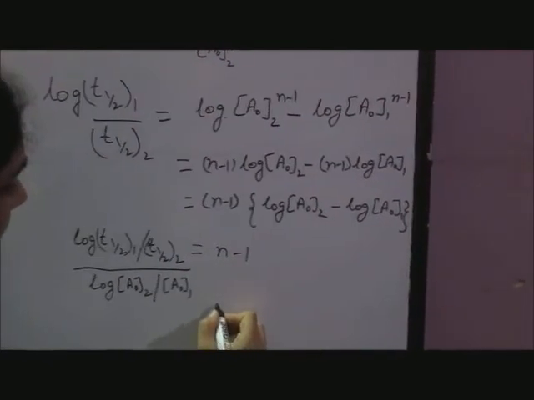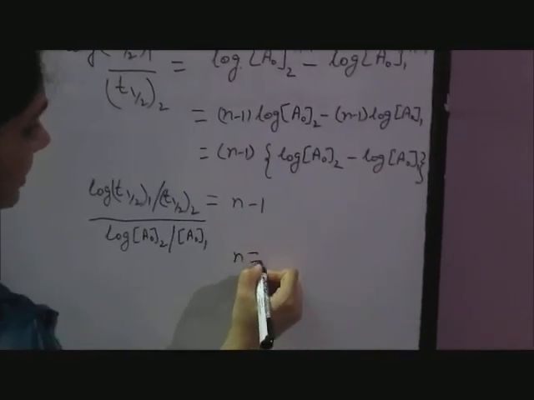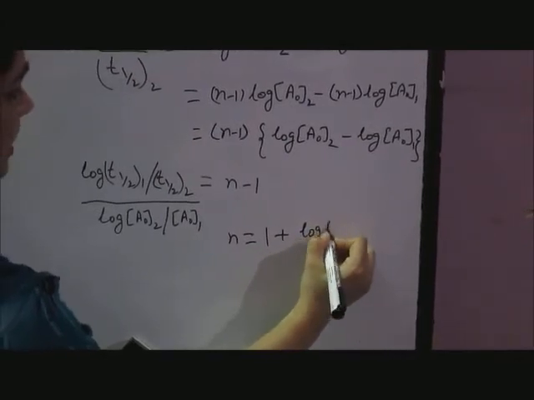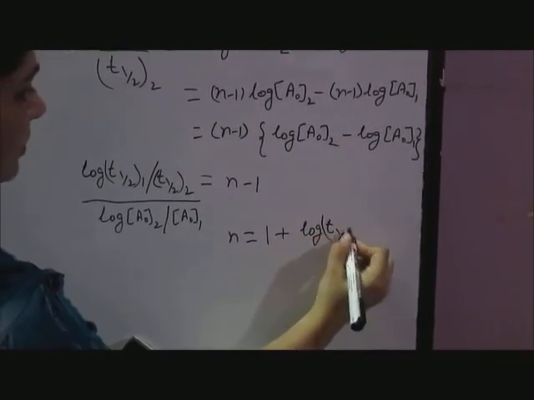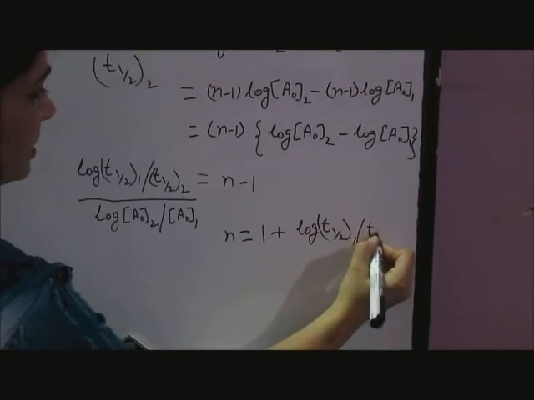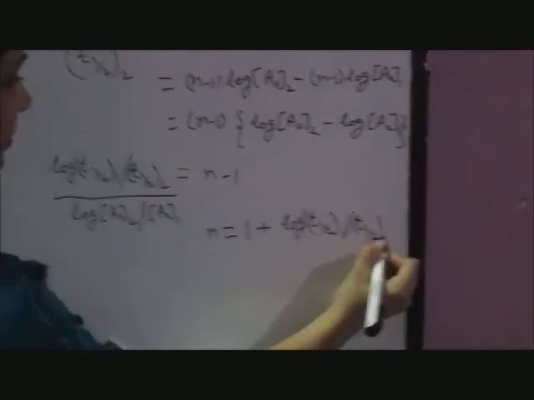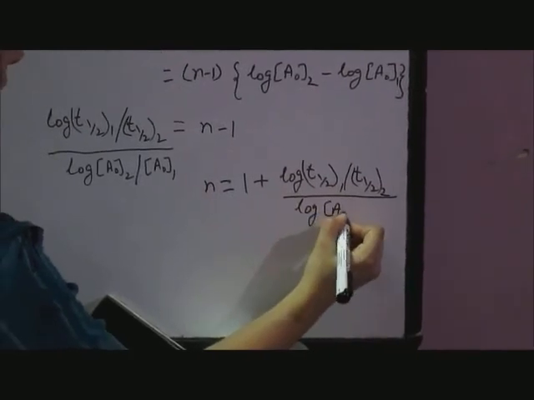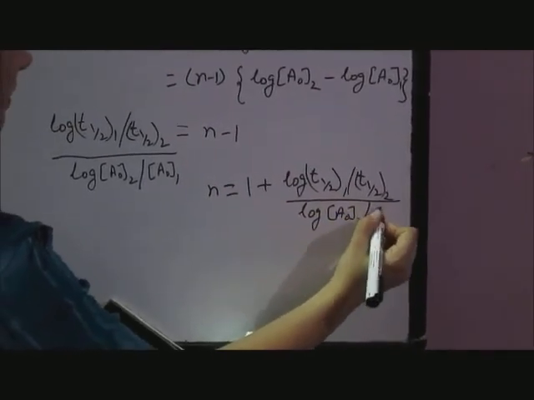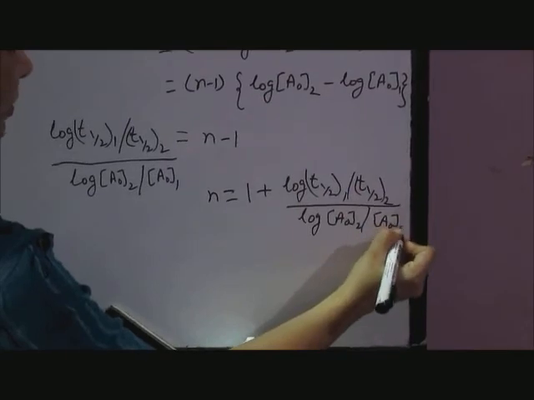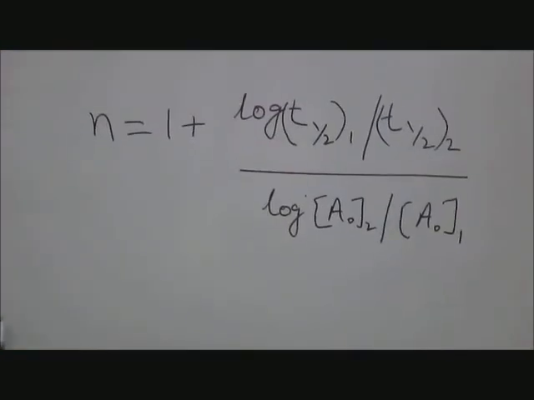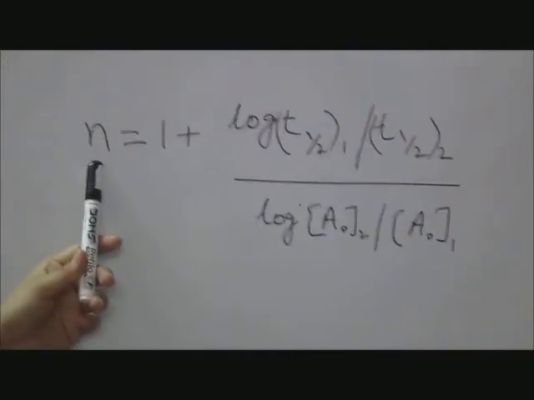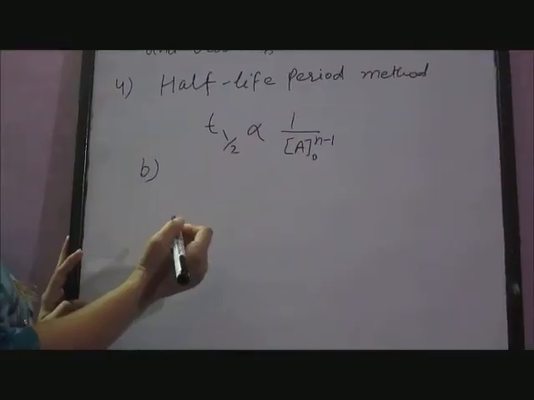Or we can calculate n is equal to 1 plus log t half 1 upon t half 2 divided by log A naught 2 divided by A naught 1. From this equation we can calculate the order of the reaction, where n is the order of the reaction.